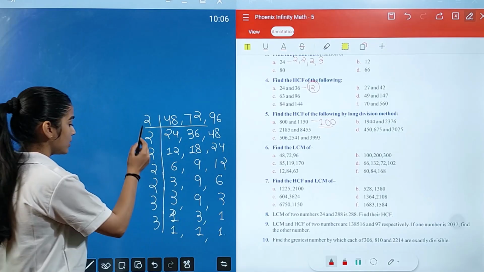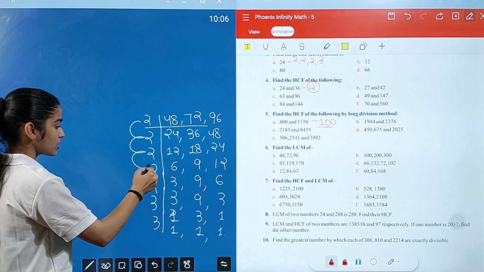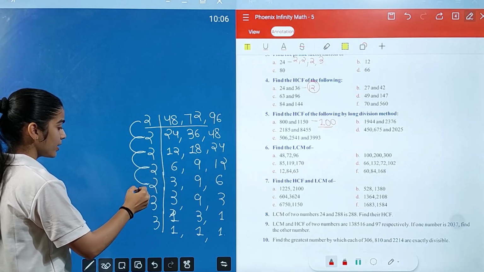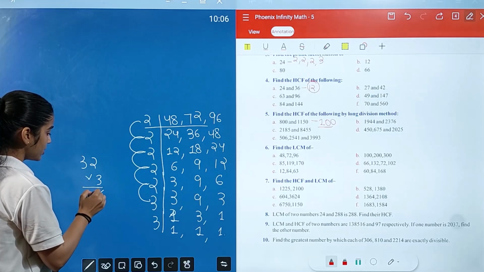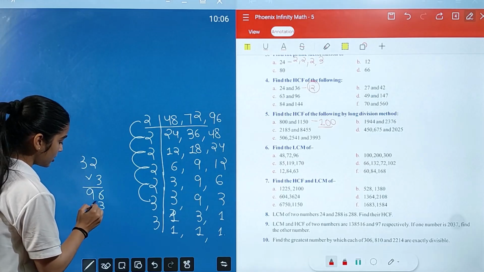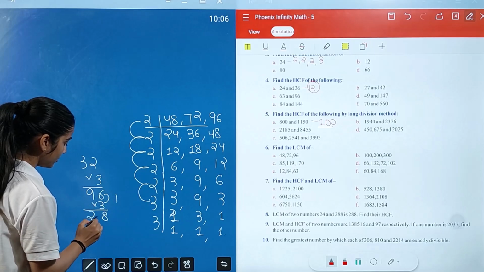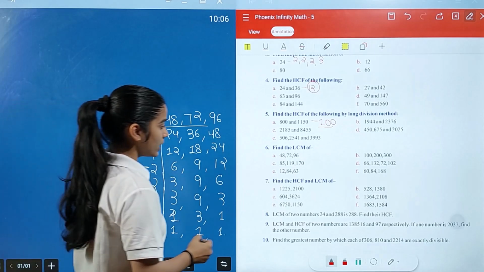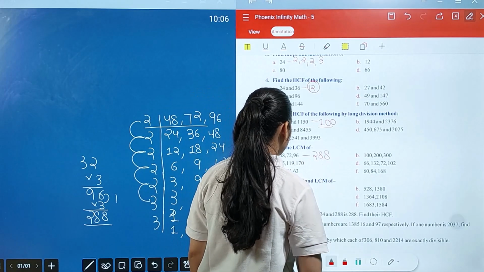So now we have to multiply these numbers together. 2 2s are 4, 4 2s are 8, 8 2s are 16, 16 2s are 32, 32 3s are 96, 96 3s are 288. So 288 is the LCM of 48, 72 and 96.